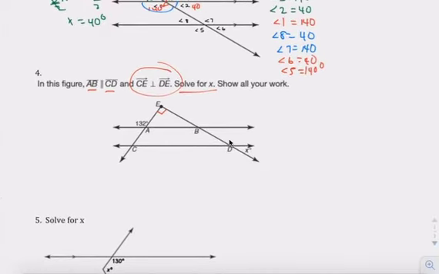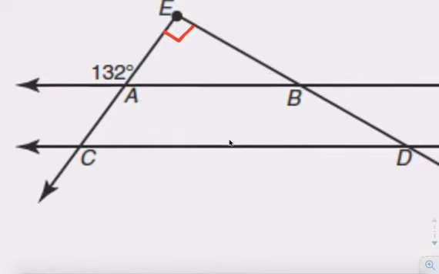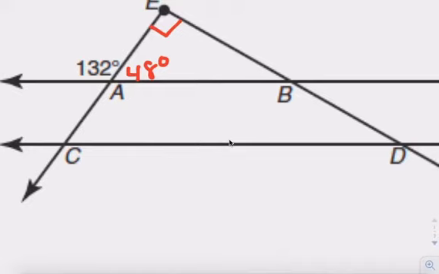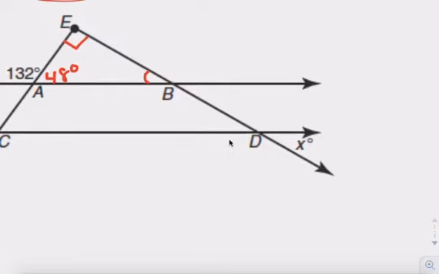Okay, let's look at this. Same side exterior. This makes 180 degrees. So this has to be 48 degrees. Add that, makes 180. We're good. Okay, we could find measurement of angle B here because they all add up to 180.